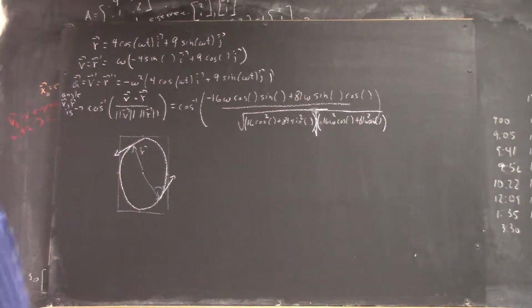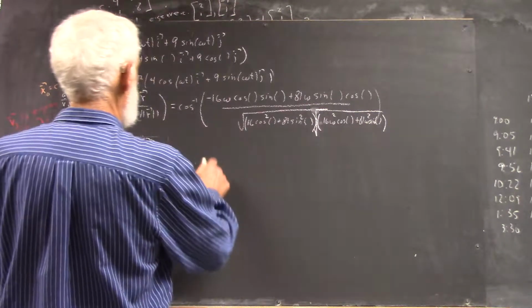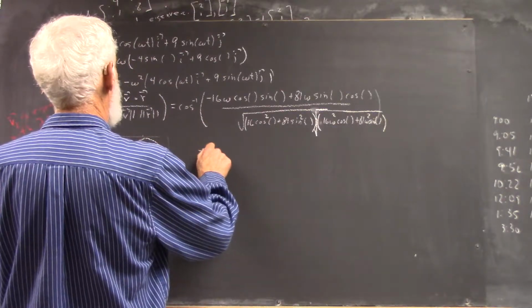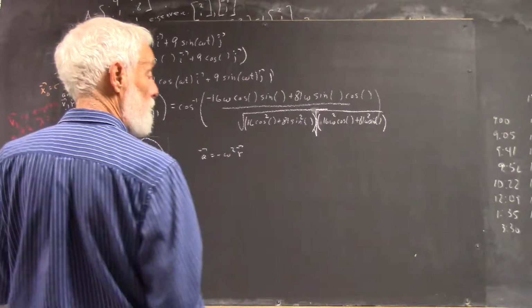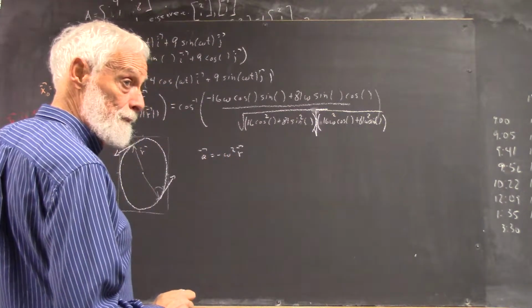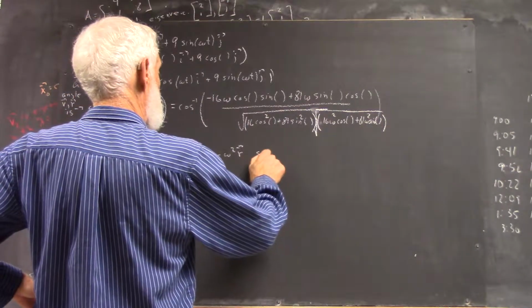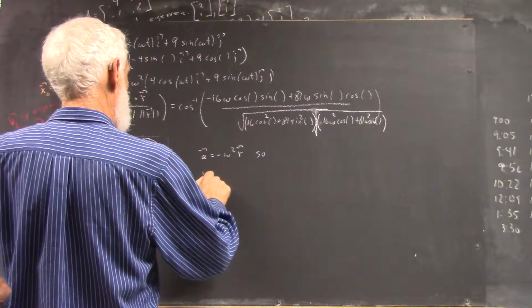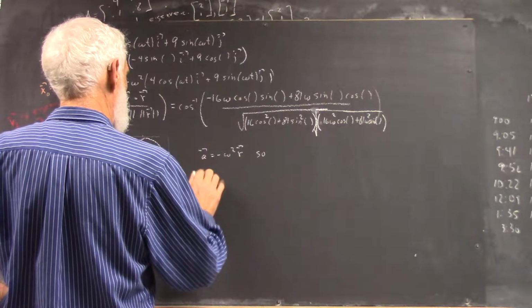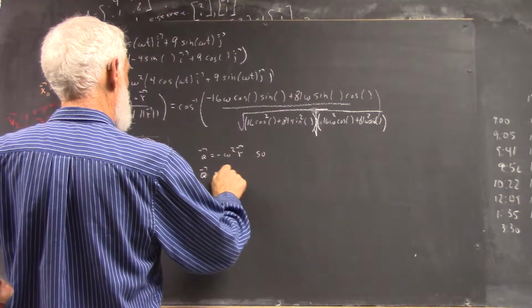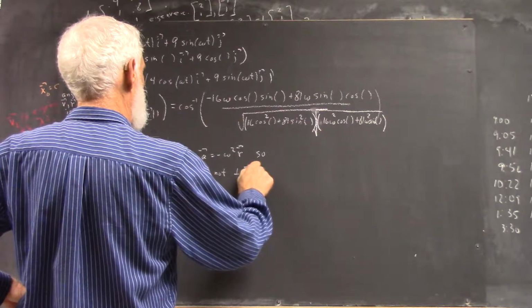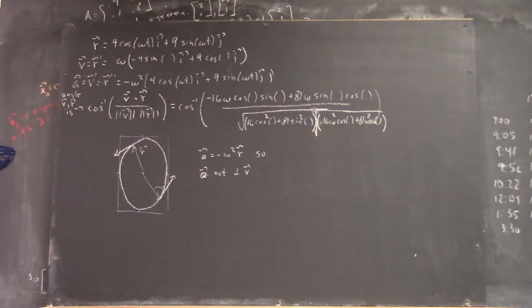So I can say that A is not perpendicular to V.